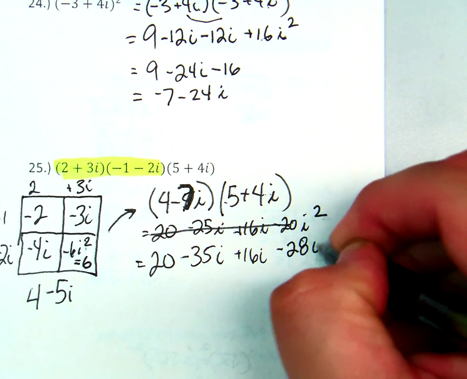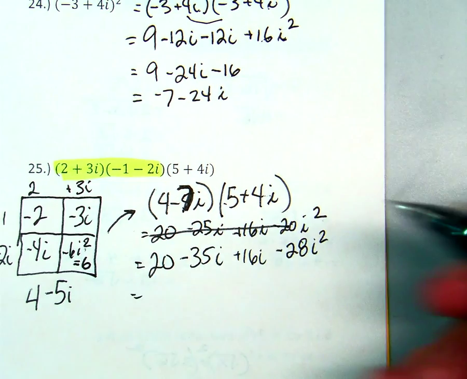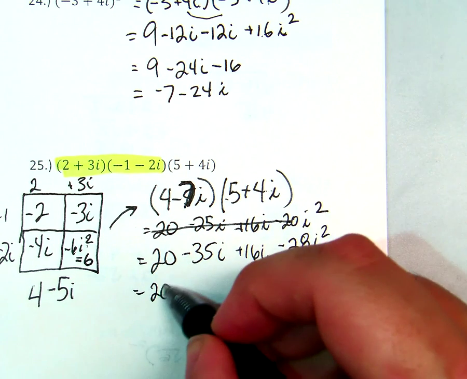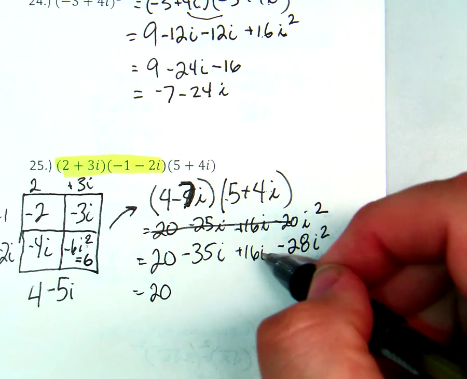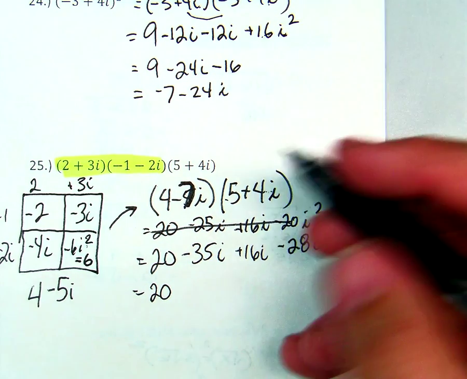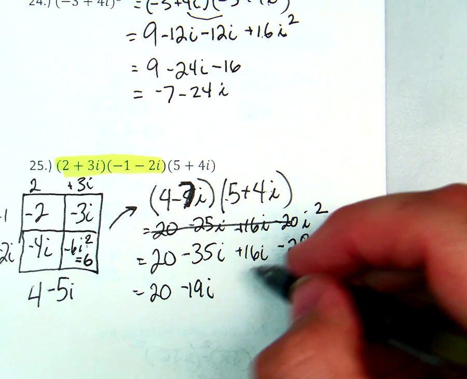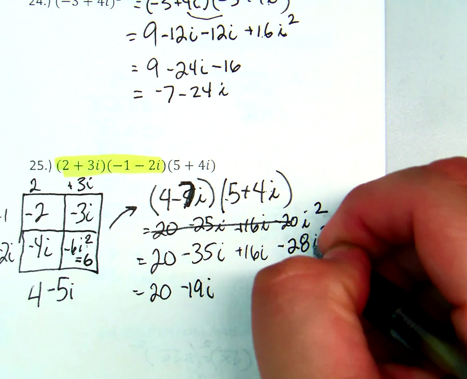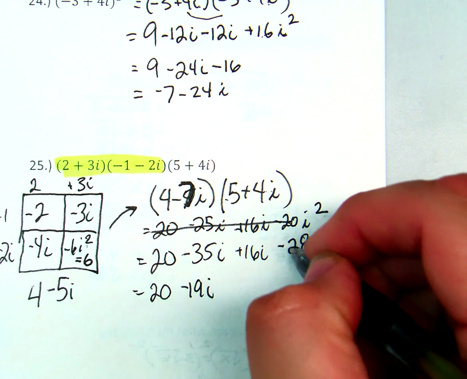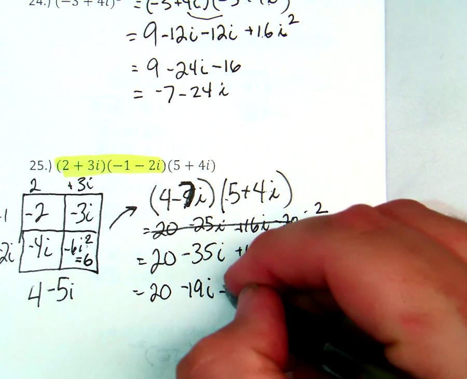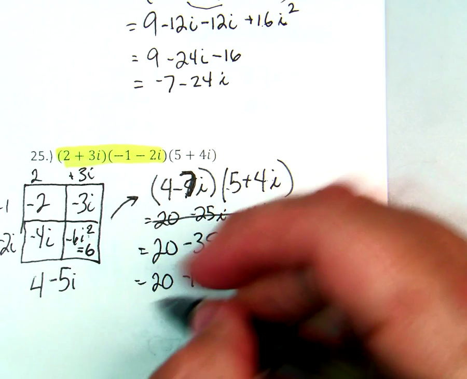So you have 20. The middle terms, that's going to be negative 19i. Last term, i squared is negative 1, so we make this negative positive, so it's plus 28. Then one last step, add the two numbers, minus 19i.